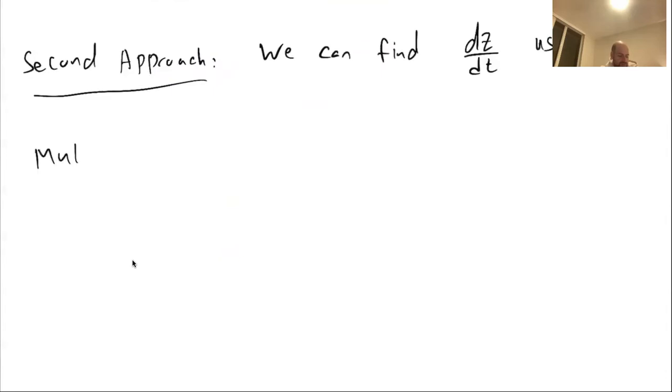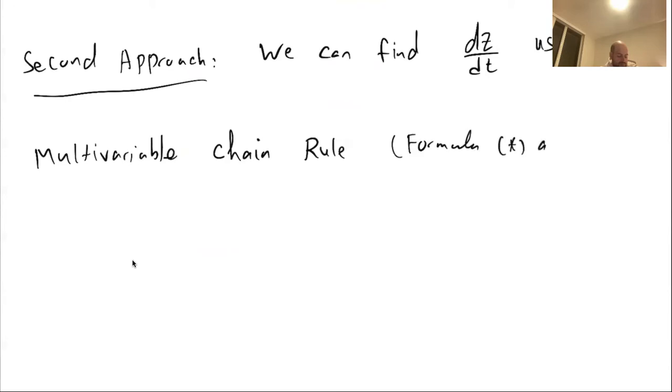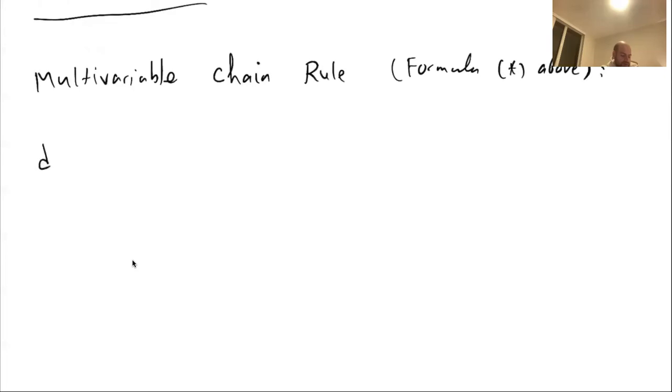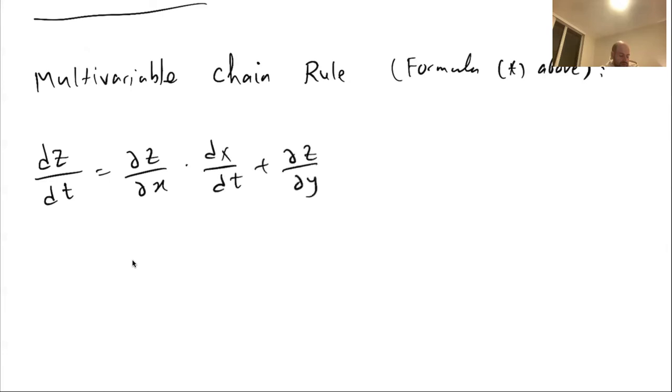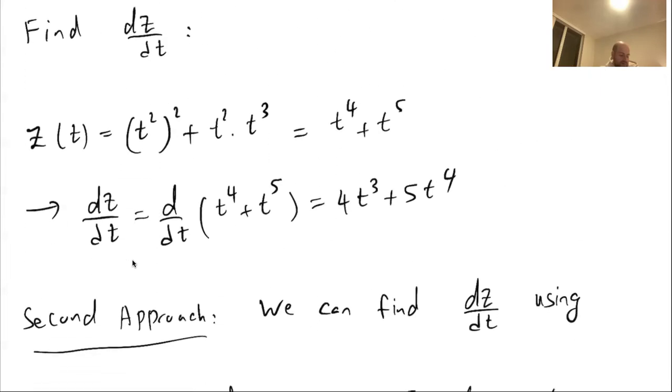Using the multivariable chain rule, formula star above, we get dz/dt equals dz/dx times dx/dt plus dz/dy times dy/dt.